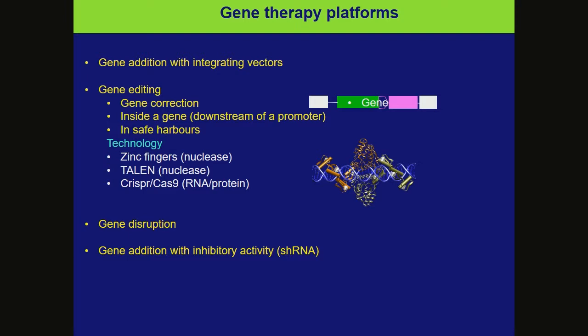We have three main types of endonucleases: the Zinc finger, the TALEN, the CRISPR-Cas9, which are able to recognize a specific DNA fragment, a DNA sequence, and they are able to insert and recombine at this specific point.